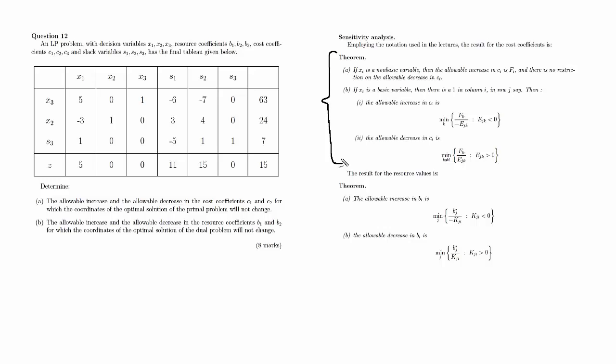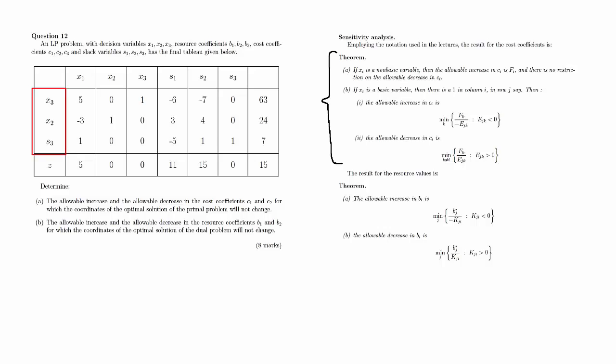To find the increase and decrease for the cost coefficient Ci, we have to know whether the corresponding variable xi is basic or not. xi is a basic variable if it appears in the leftmost column of the tableau. Once we know whether it's basic or not, we then need to know certain values of E and F to do the calculation.